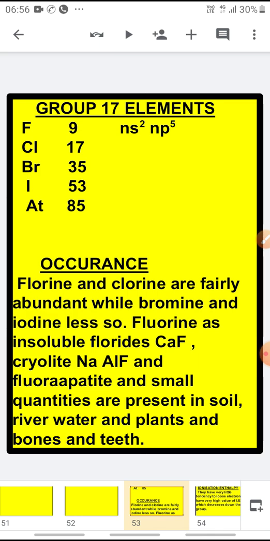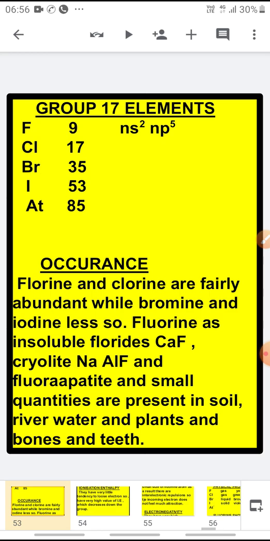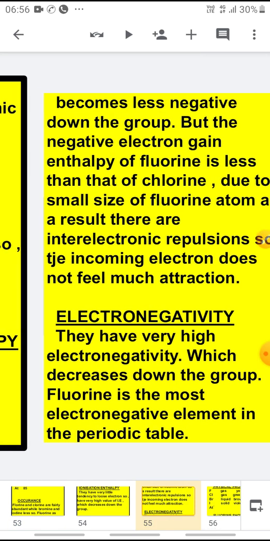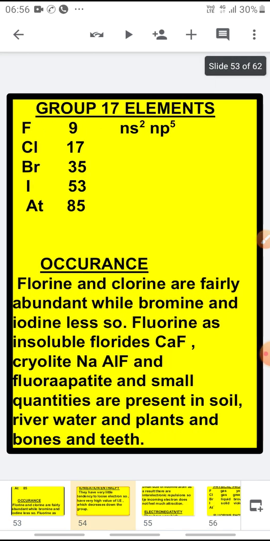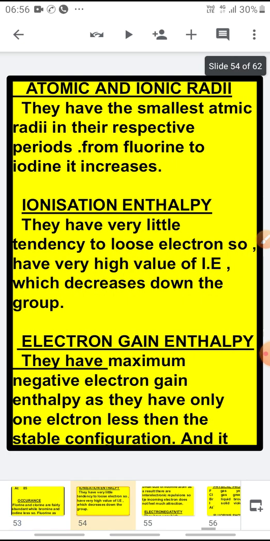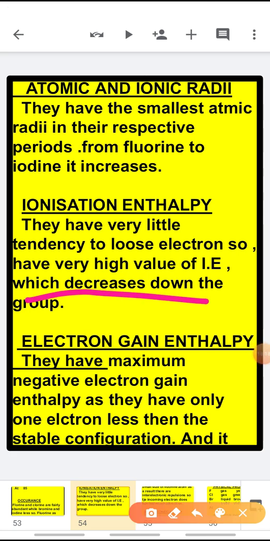Children, now coming to the atomic and ionic radii. Now you all know that when we move from left to right in a period, the size of atom decreases because the electron is added in the same shell.